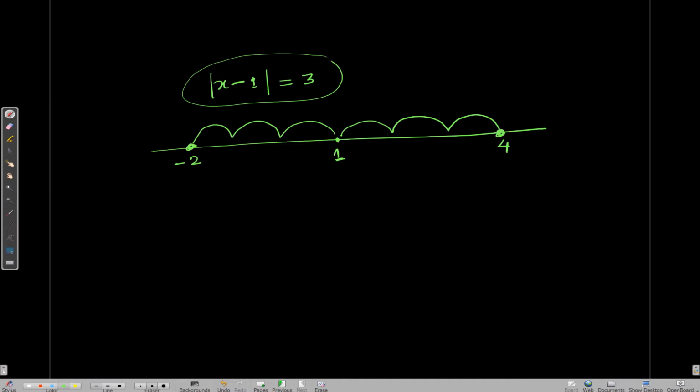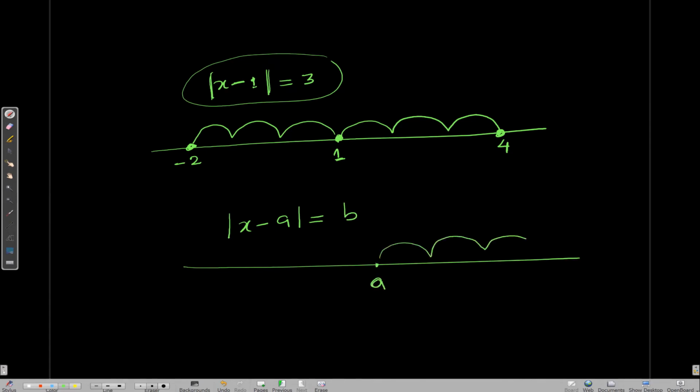So absolute value of x minus 1 equals 3 means we are looking for 3 places away from 1. So in general, absolute value of x minus a equals b means we are looking, if this is point A, we are going b many distance to the left and to the right.